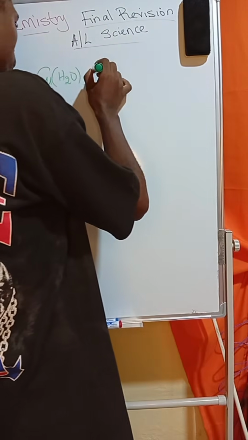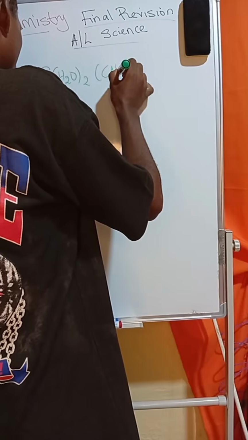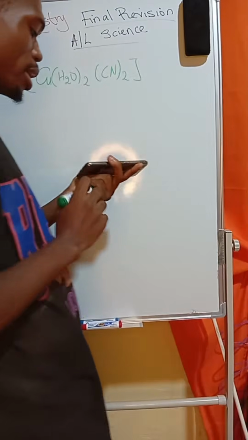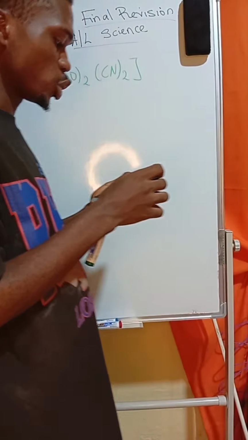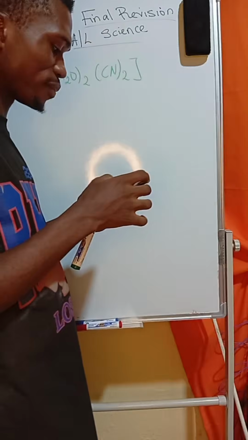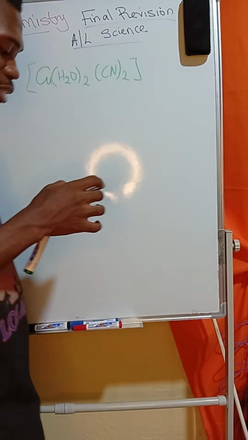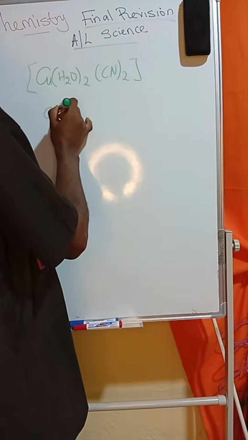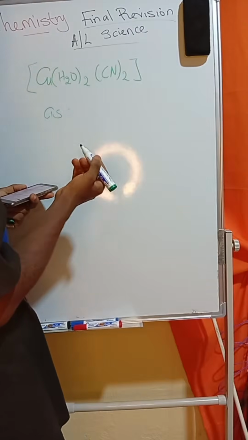Then we have CN, then we have 2. We put that in the square bracket. This is our complex. We have said it exhibits geometrical isomerism, which means the cis and trans isomers. So we have to give the cis and the trans.